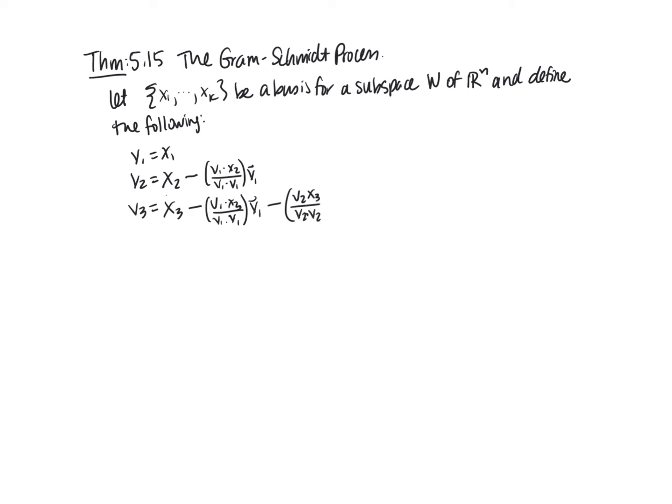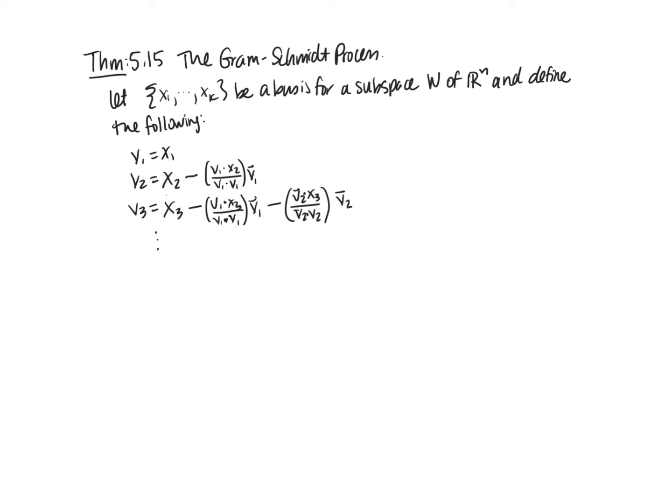So these are dot products here, sorry. I didn't draw the dot. They're dot products. So we're subtracting off the part that is in the direction of V1 and the part that's in the direction of V2. And so what's left over will be orthogonal to both V1 and V2. And we're just going to continue in this manner.